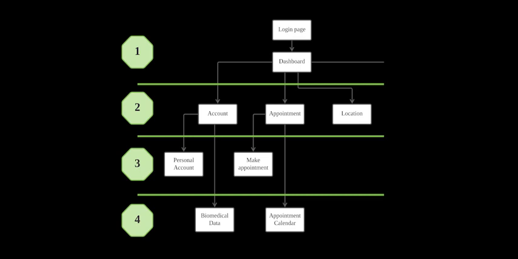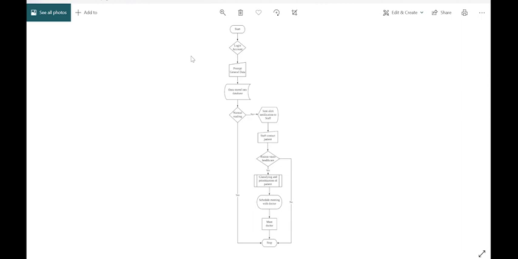Here is the core of the system, where the biomedical data analysis was done in the last phase using Python, and the appointment calendar is done by Python at the back end for the classification.